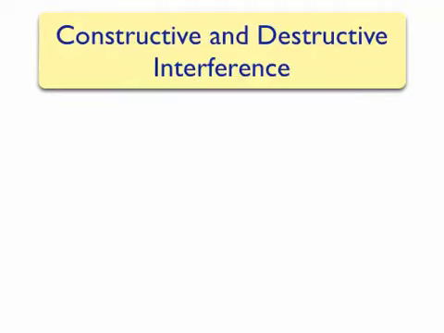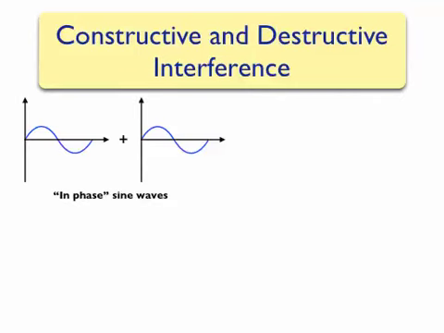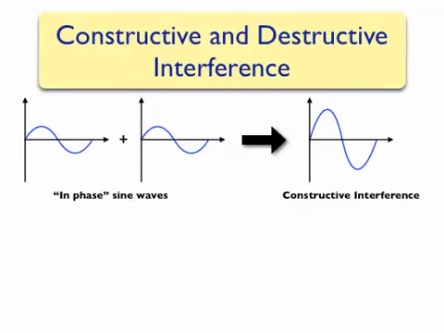Before we talk about how molecular orbitals are constructed, we should take a look at the same exercise with sine waves to describe two phenomena, constructive and destructive interference. If we take two sine waves that are in phase and add them together, they will both add together positively to give constructive interference. Notice that the new wave, which was the linear combination of the first two waves, has an amplitude that's twice as high as the original two waves.